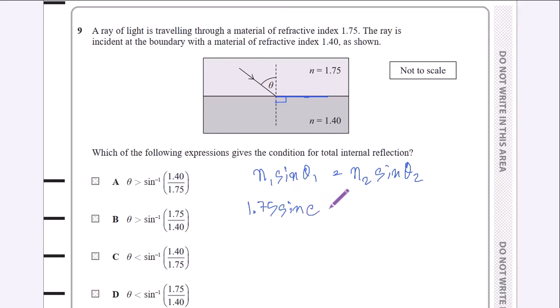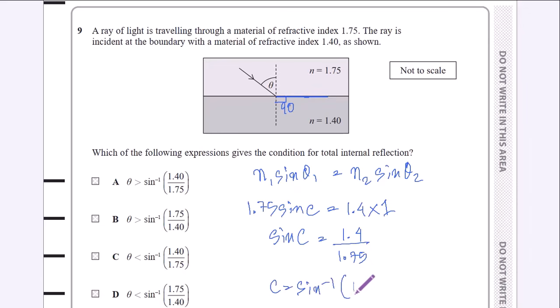So sine C equals n2, which is 1.4, times sine theta 2. This is 90, so sine 90 is basically 1. So sine C equals 1.4 by 1.75. So C equals sine inverse 1.4 by 1.75.